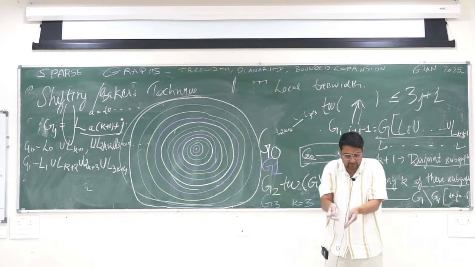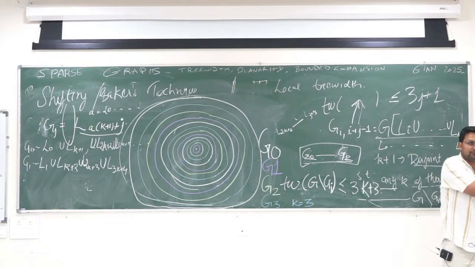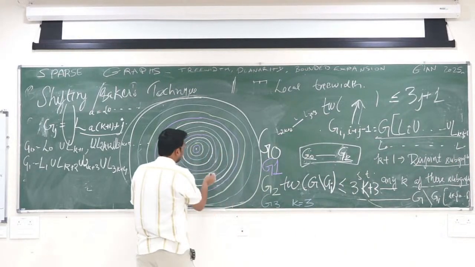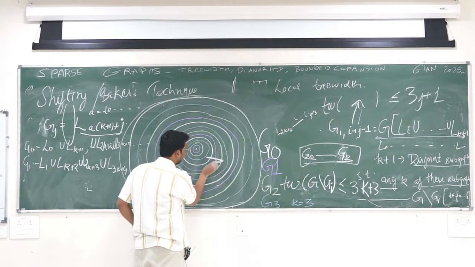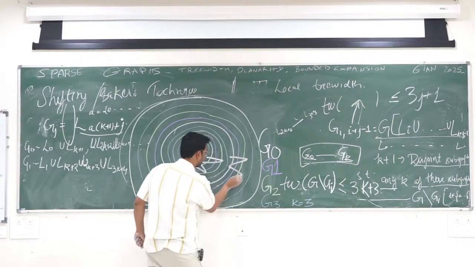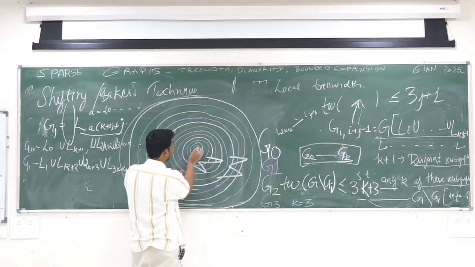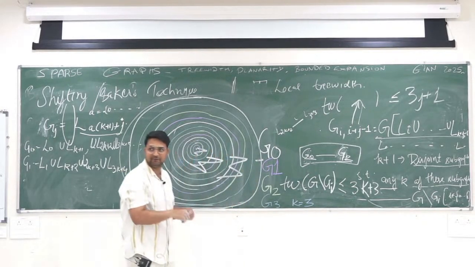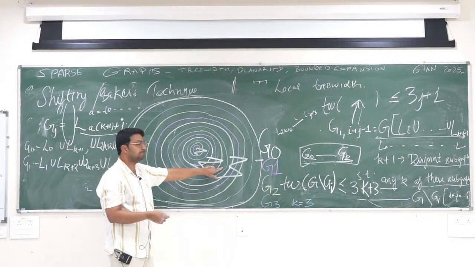I will have my graph as a disjoint collection of these layers, which are consecutive. I have subgraphs like this when I delete this particular layer.